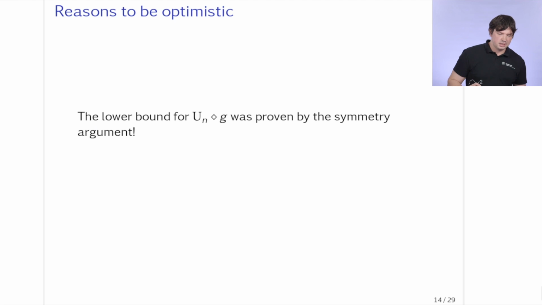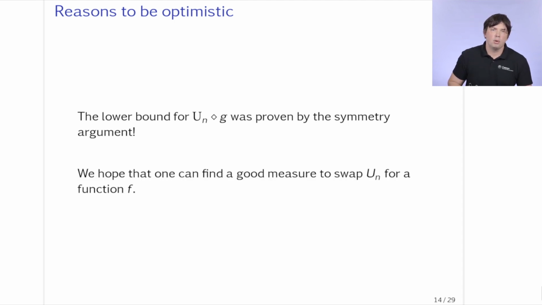But my argument is that our proof for U_n composed with g is done by a symmetry argument. So one can hope that by substituting the symmetry argument with the good measure, you can do the same thing for composition of f and g, right? Because the symmetry argument is basically just a very simplified measure argument. It's the idea that the number of inputs that can be given to both players in a rectangle is basically a measure of a rectangle.